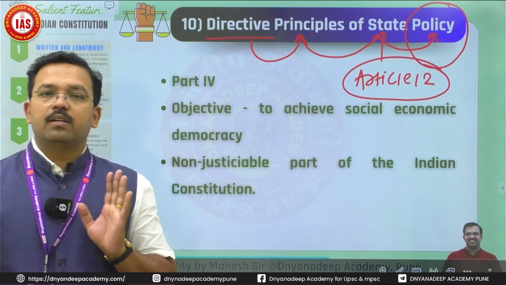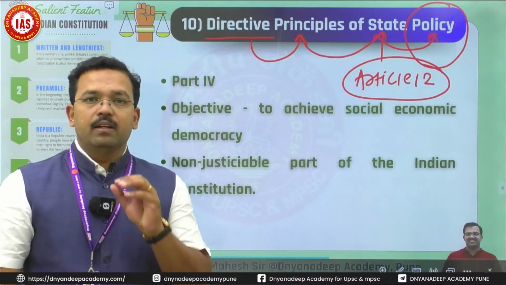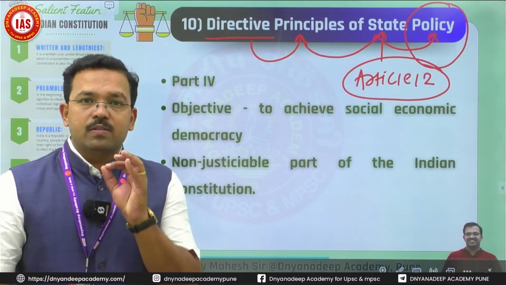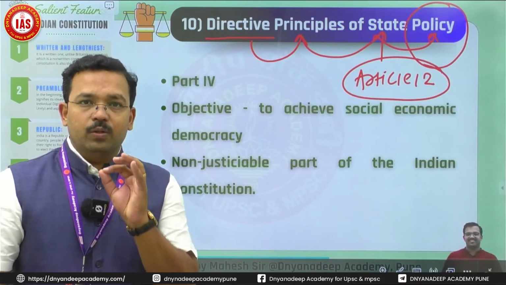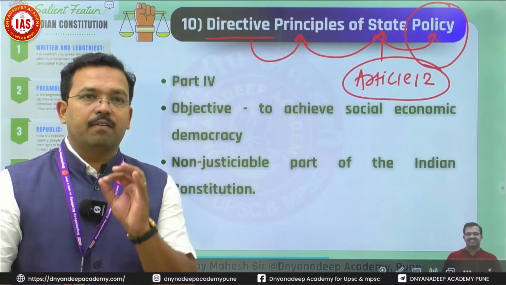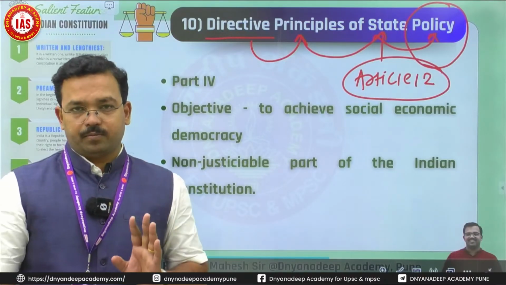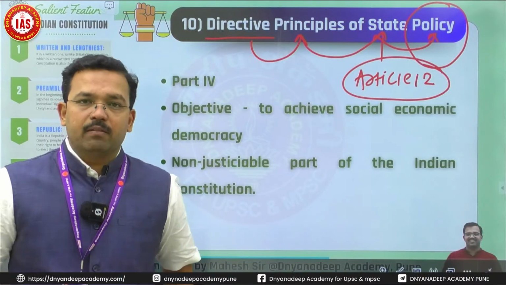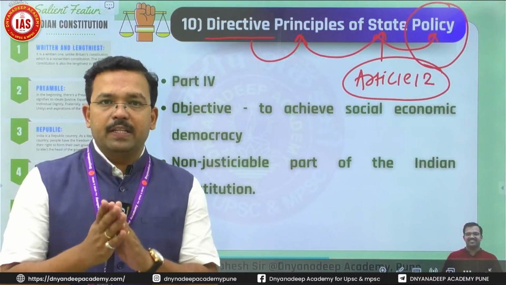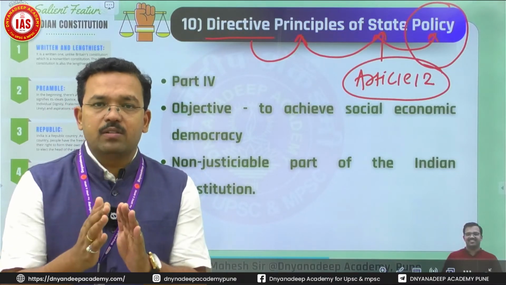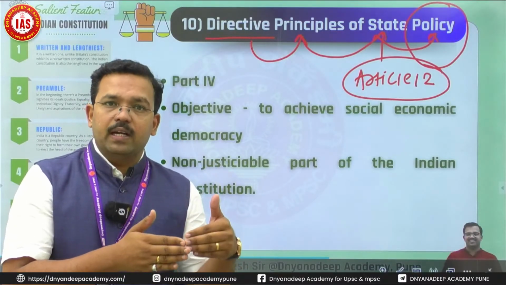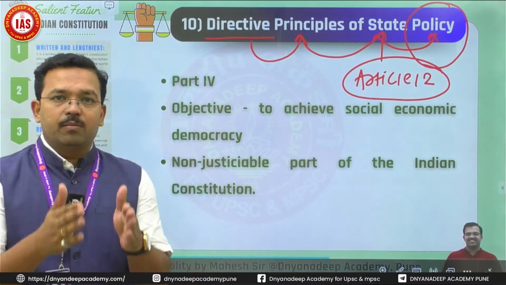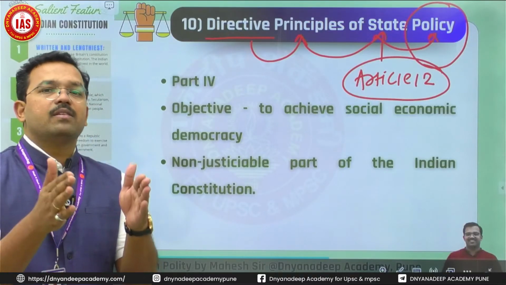Basically, DPSPs are constitutional instructions given by Constitution to state to establish a democratic welfare state. Right. I repeat once again, what are DPSP? DPSPs are nothing but constitutional instructions given by Constitution to the state, which is defined in Article 12, to establish a democratic welfare state.